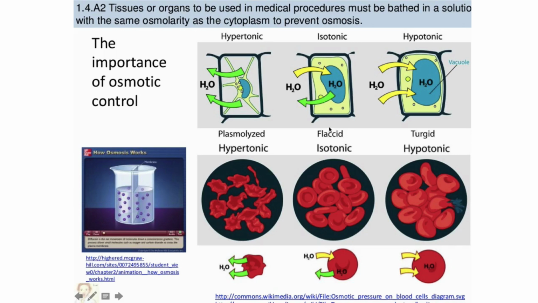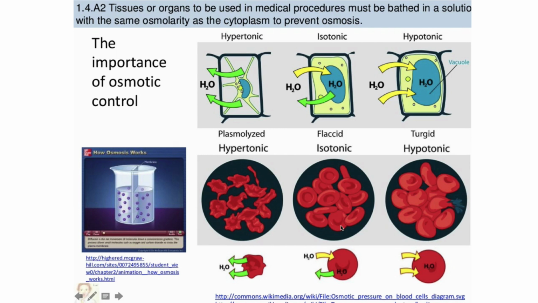An isotonic solution for a plant is not good because it's going to be flaccid and plants are going to wilt. But turgid is when there is more water outside and it's getting inside, so then it's going to be turgid. So plants need more water, but in animal and human cells it's very different.